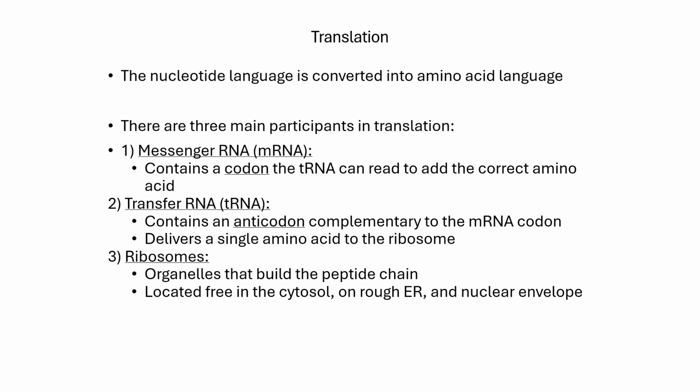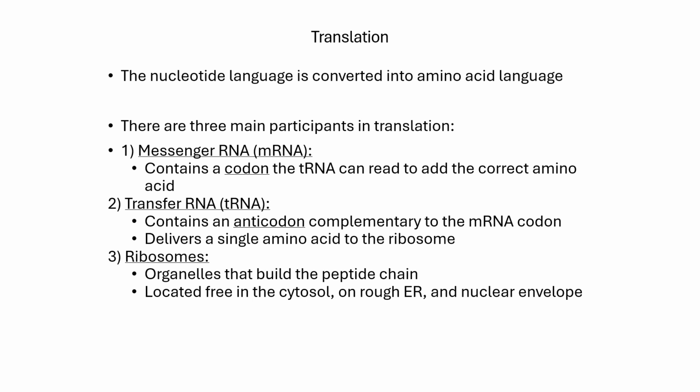So the messenger RNA contains codons, which is the 3-base sequence that is complementary to the DNA base triplets. The transfer RNA has got an anti-codon which recognizes the codons on the messenger RNA.